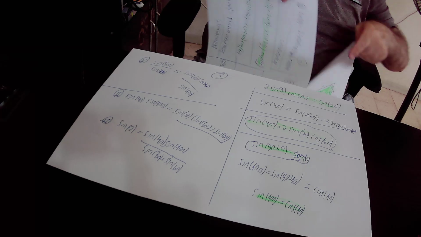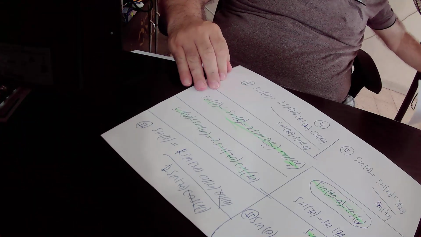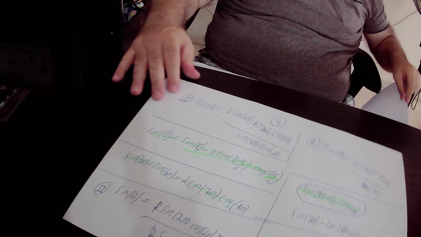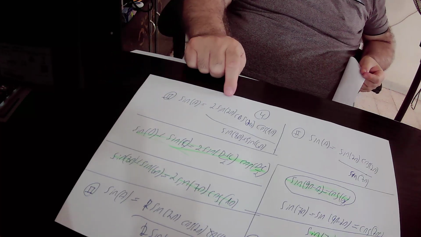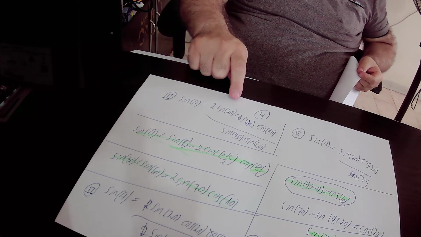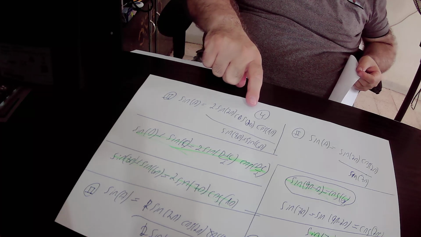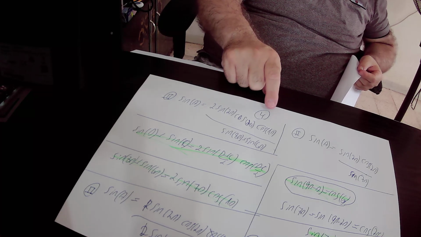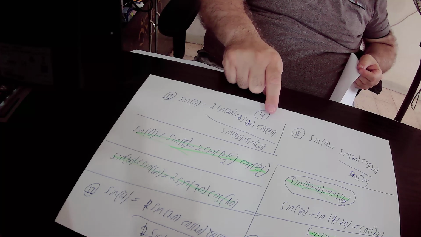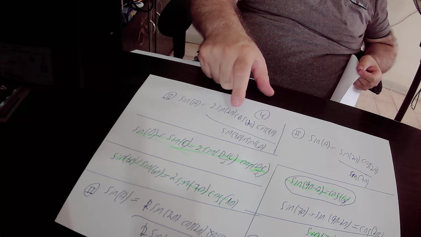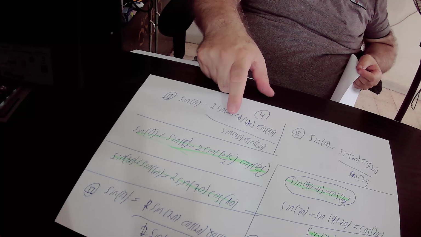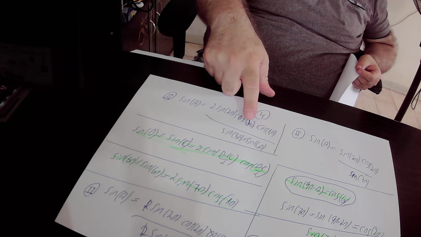So here we substituted sin 40 degrees by 2 times sin 20 degrees times cos 20 degrees, and we substituted sin 100 degrees in this equation number 2 by cos 10 degrees, and we divided all by sin 80 degrees plus sin 60 degrees.